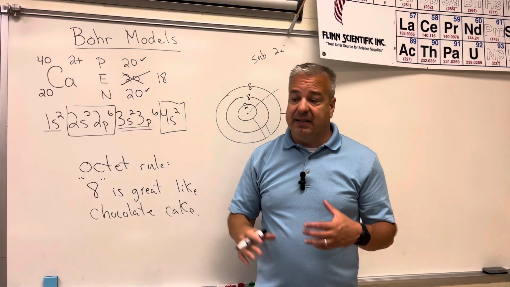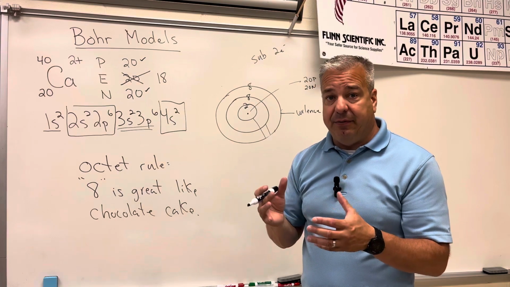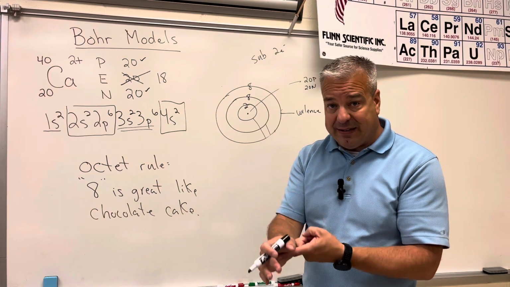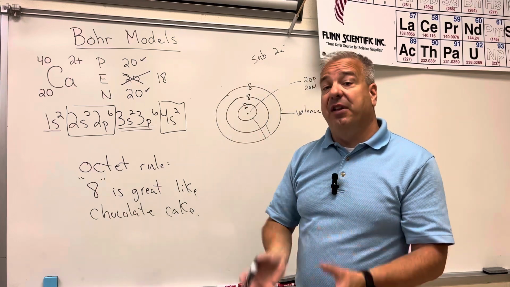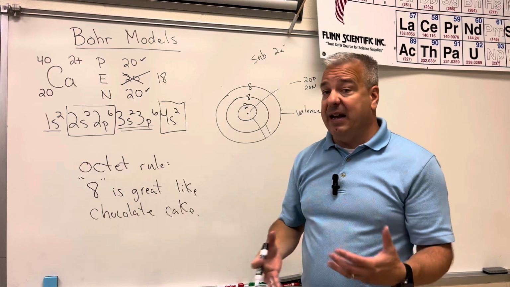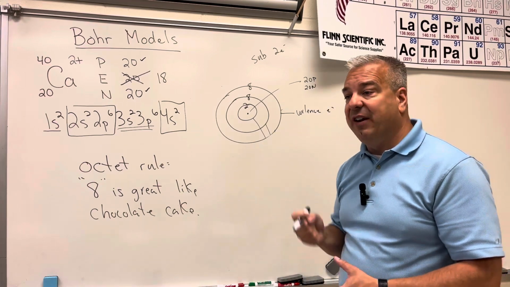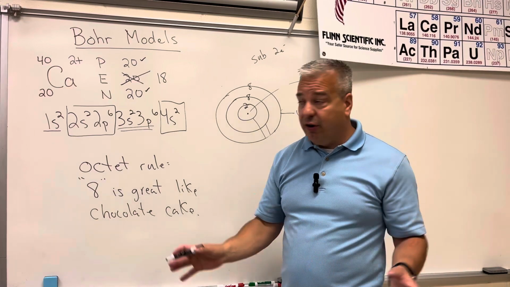And positive 2 fits kind of like our scheme that we have for those atoms that are in group 2. Group 2 have 2 valence electrons. They tend to lose those 2 electrons, and when they lose those 2 electrons, they will take on a positive 2 charge. Now remember, that only happens when they're inside compounds. When they are by themselves, they are neutral.